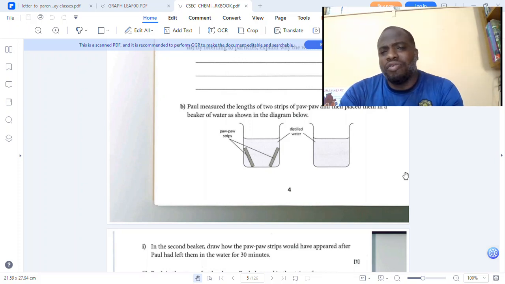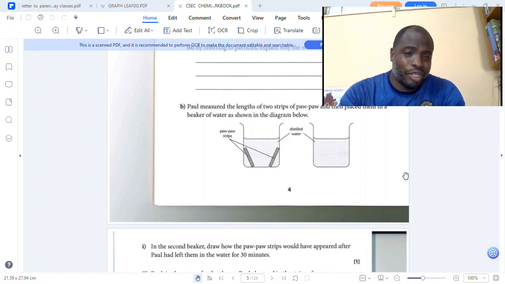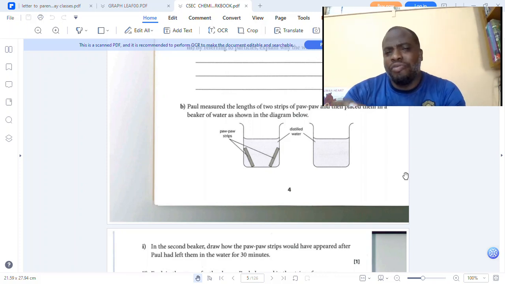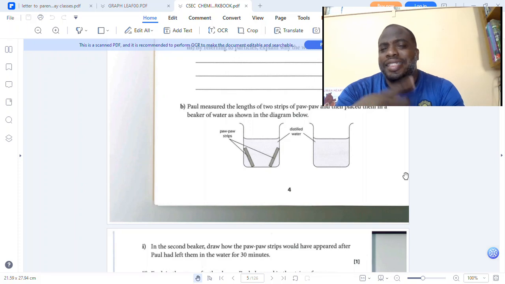Now, if you're to understand where the water is moving, you need to decide which scenario or which set of substances have a high concentration or a low concentration of water. So let's really examine what is happening inside the potato strips. Now, I made mention of potato strips because usually we use potato as well.